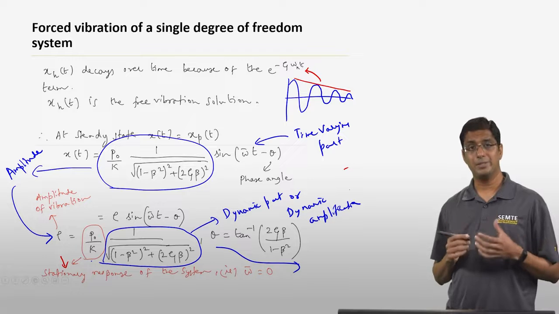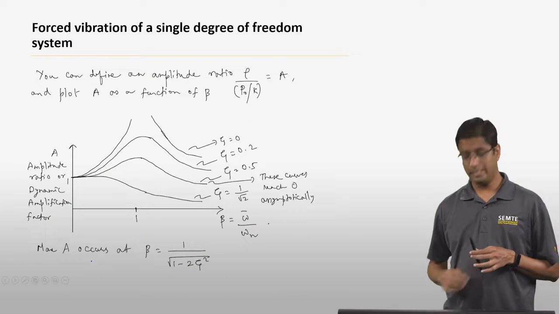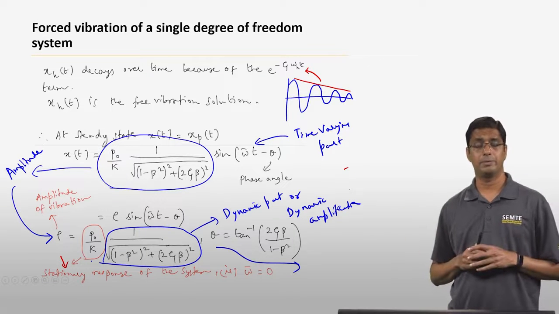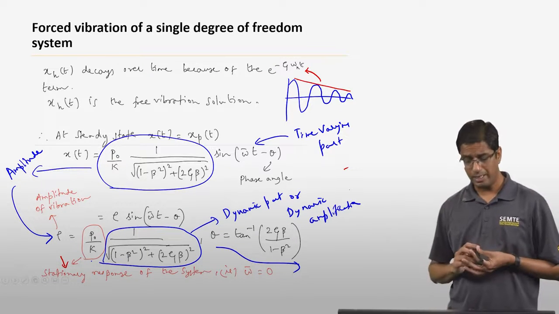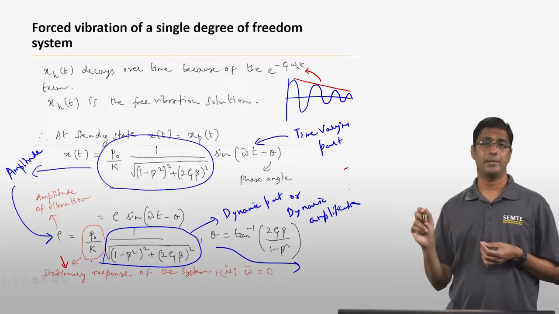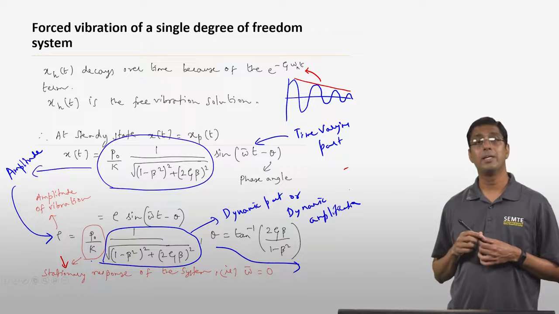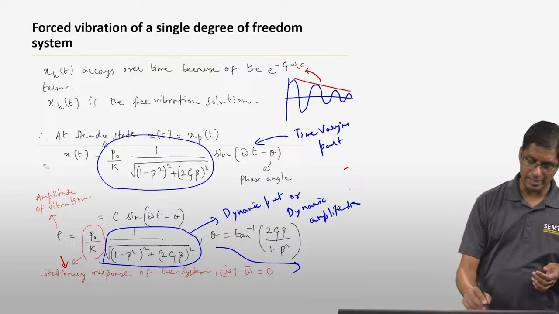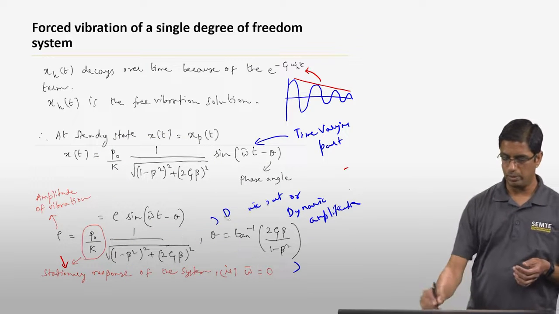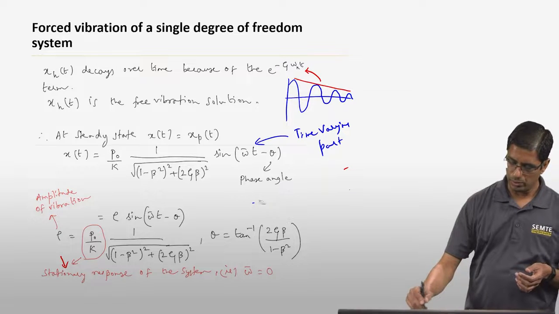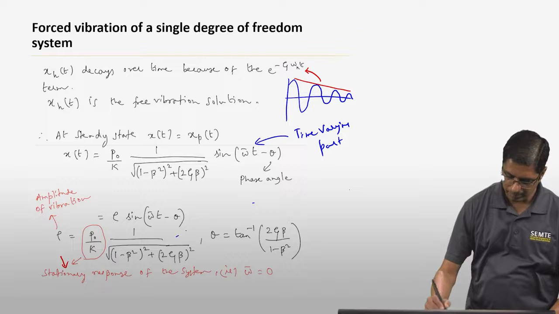Now we can start to see why by looking at this. Before I do that, let me give you an overall version, and then we can look at it more carefully. If you look at this particular term, 1 by square root of 1 minus beta square the whole square plus 2 zeta beta the whole square, think of a case where your beta is very close to 1 or actually equal to 1. Let me restate it: look at this term for the case beta equal to 1.